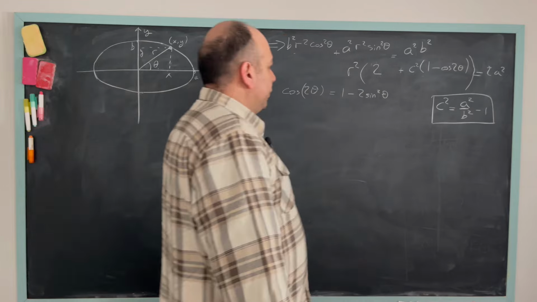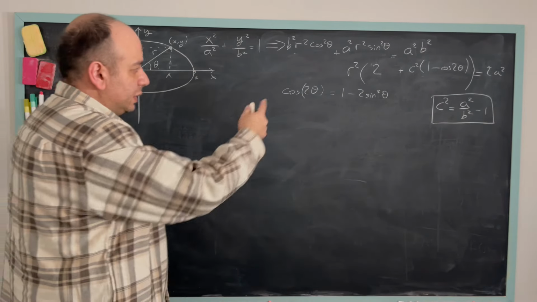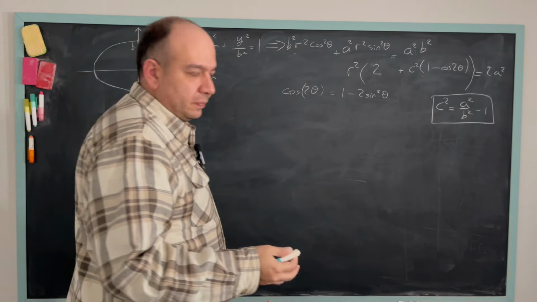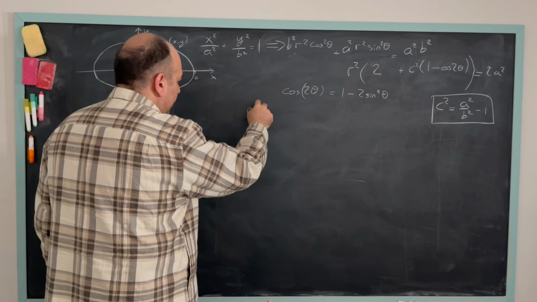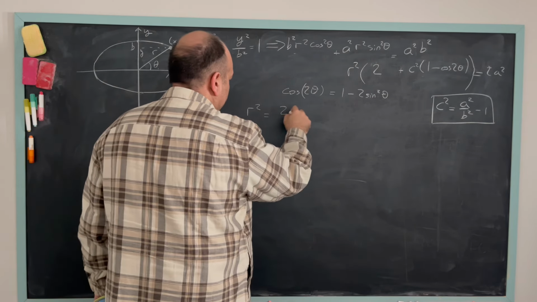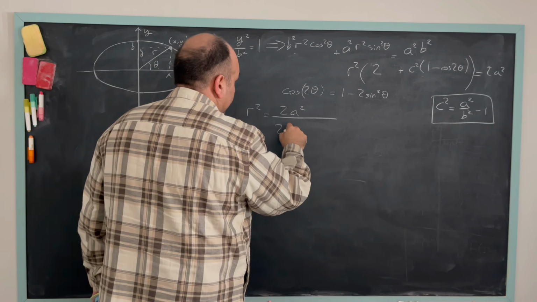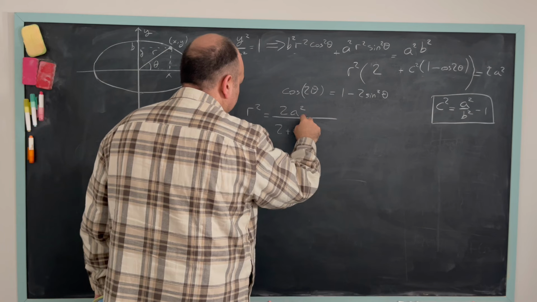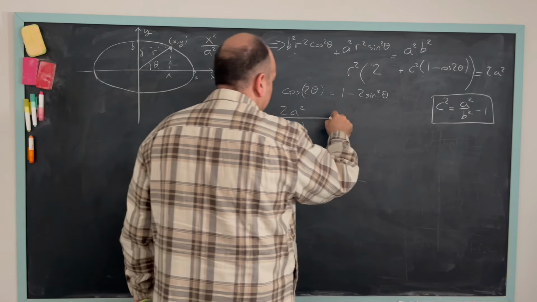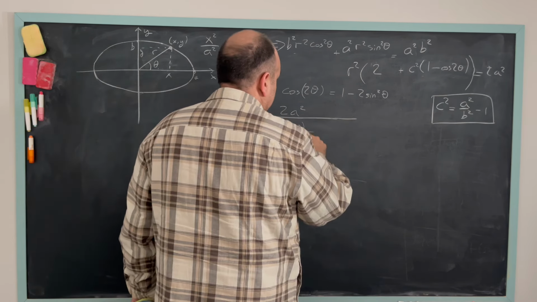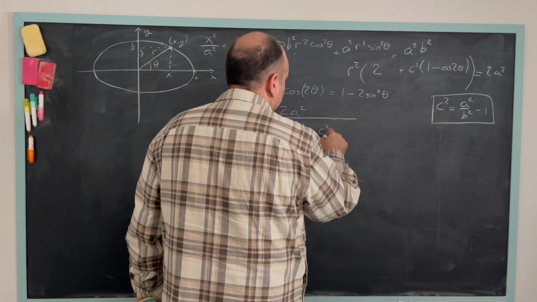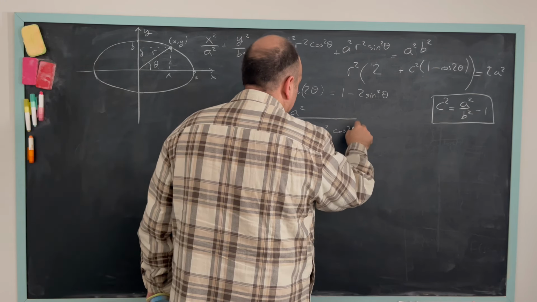Now we are ready to write down what r square is in terms of theta, right? So r squared is nothing but 2a squared over 2 plus c squared, then I have minus c squared cosine 2 theta.